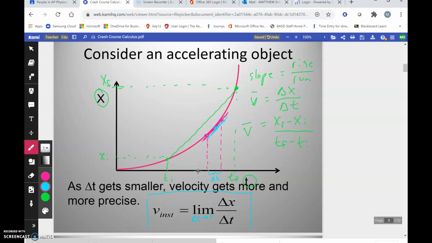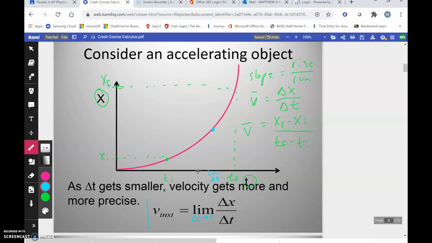Let me clear all this. If we were looking at one point and we want to know the exact velocity right there, we wouldn't be talking about an average velocity anymore.